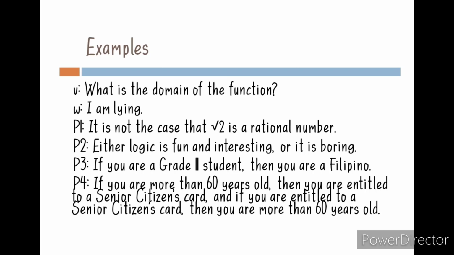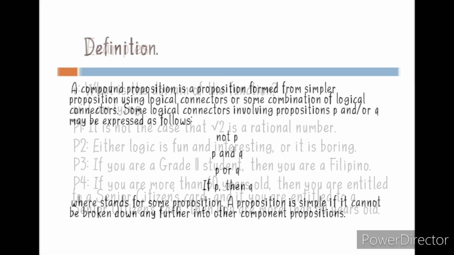And if you are entitled to a senior citizen's card, then you are more than 60 years old. We know that it is a true proposition. This is also known as a biconditional statement since we can rewrite it as you are more than 60 years old if and only if you are entitled to a senior citizen's card.